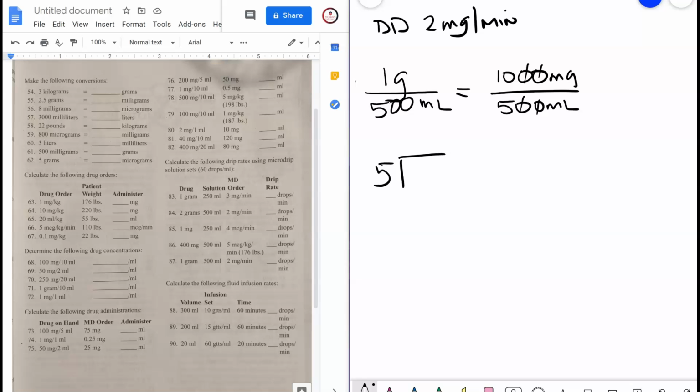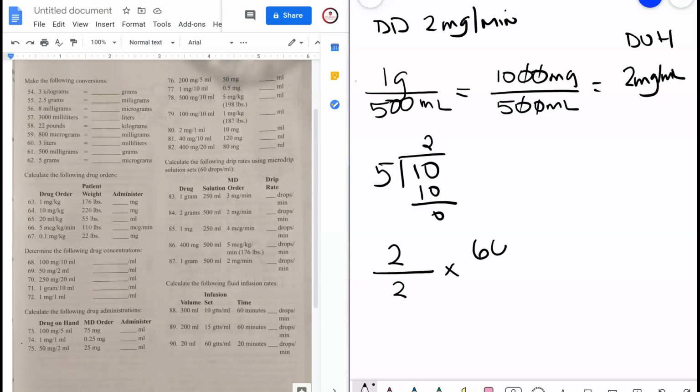So for those of you who like your long division, 5 goes into 10 2 times. So that means that you have 2 milligrams per milliliter. Another wonderfully simple math problem, because your desired dose is 2, your dose on hand is 2, and you're going to multiply that by your drip set. 2 over 2 is a whole number of 1. So you're going to have 60 drops a minute.